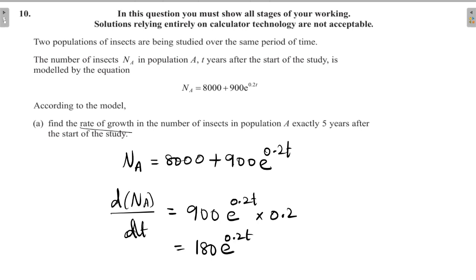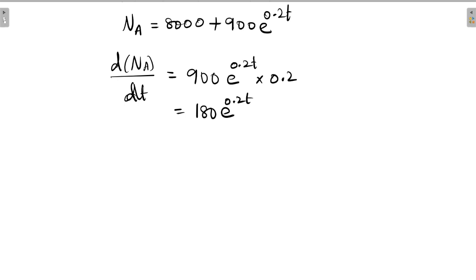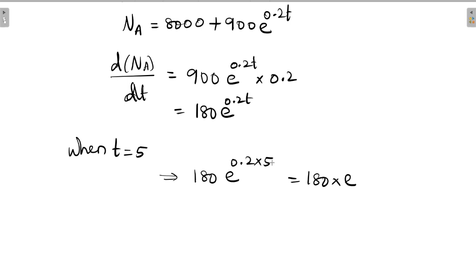After the differentiation, we want the rate of growth in the number of insects in the population exactly 5 years after the start of the study. So when t equals 5, the rate of growth is 180 e power 0.2 times 5, which is 180 times e power 1.